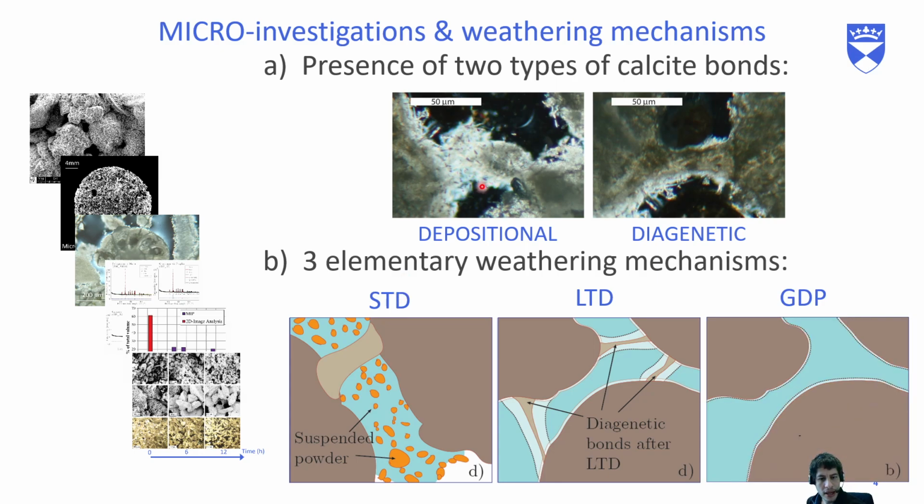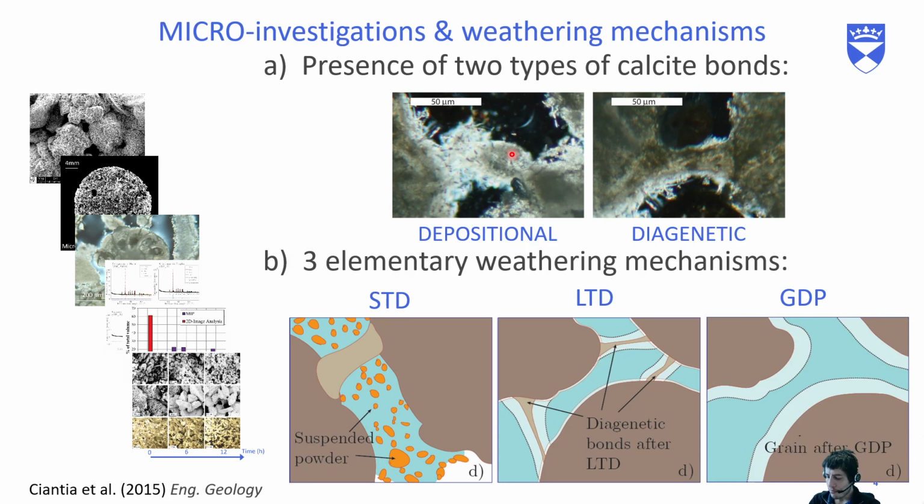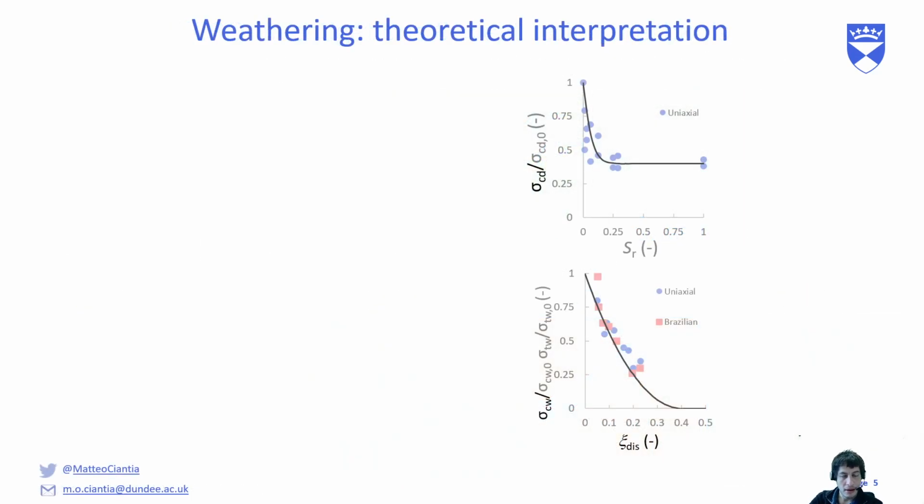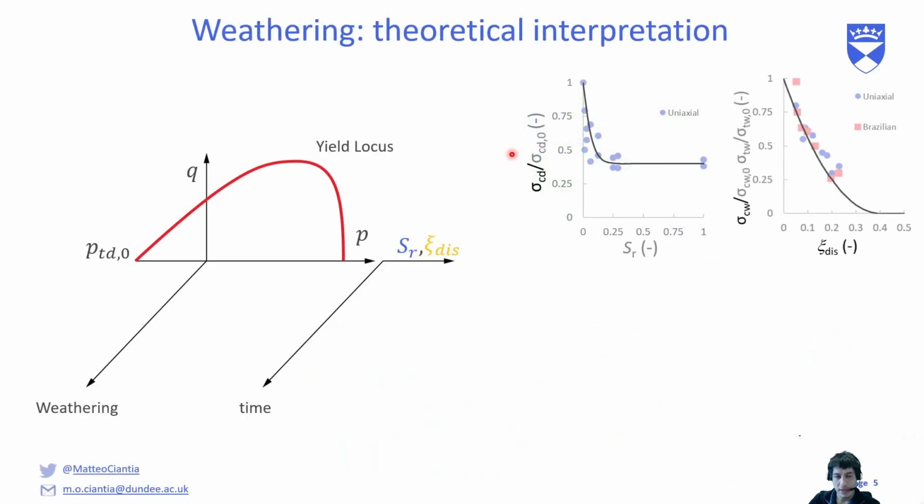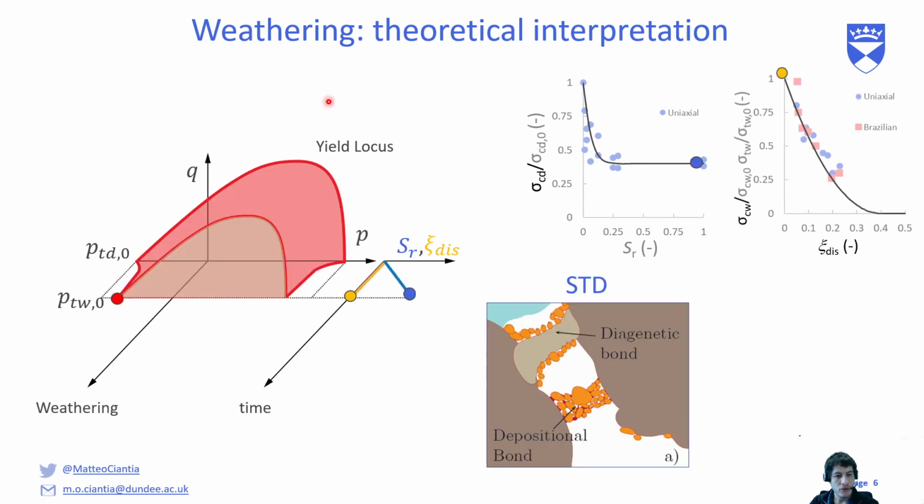So these three elementary weathering mechanisms could be interpreted within a constitutive model. In this theoretical interpretation, if you have in mind the yield locus, for example, of a modified Cam clay, it would shrink because of water saturation due to the short-term debonding mechanism.